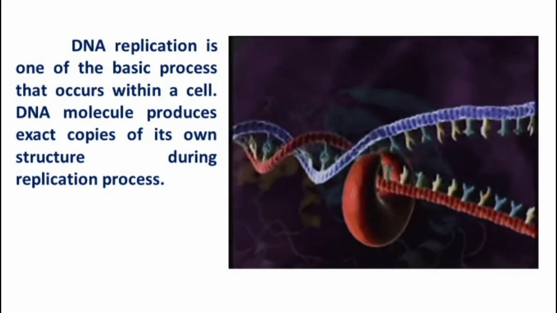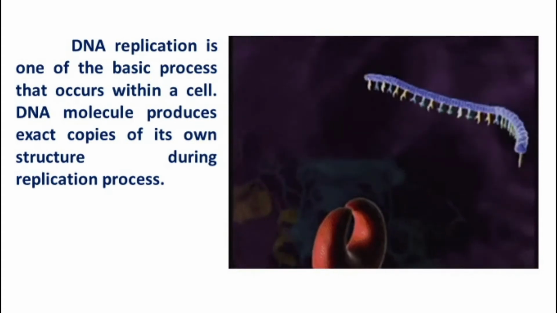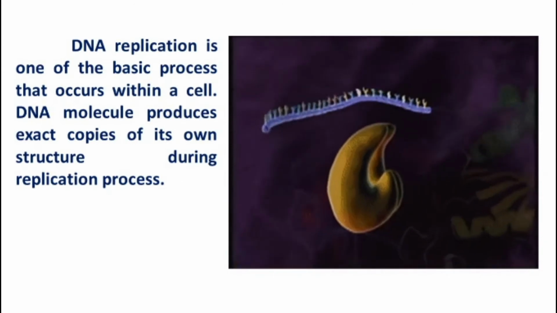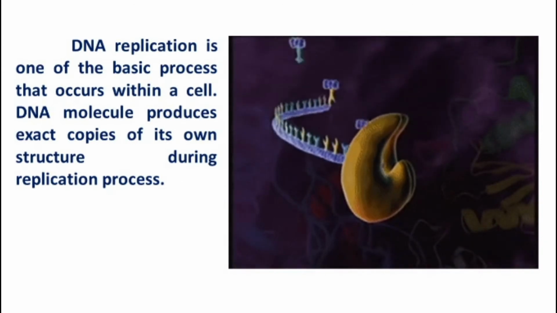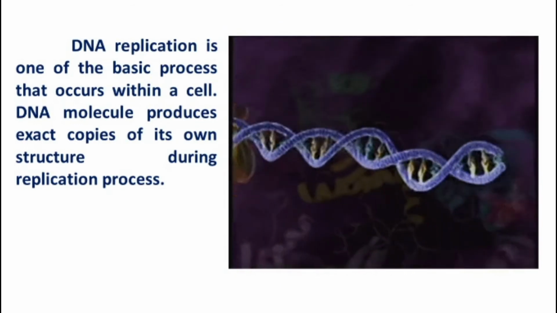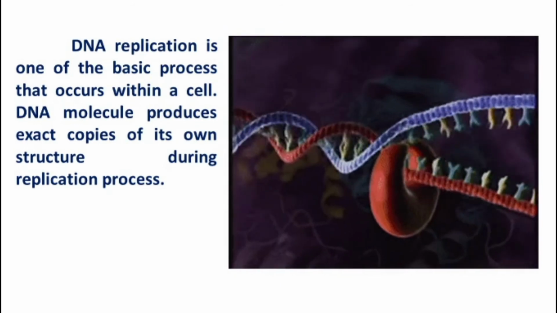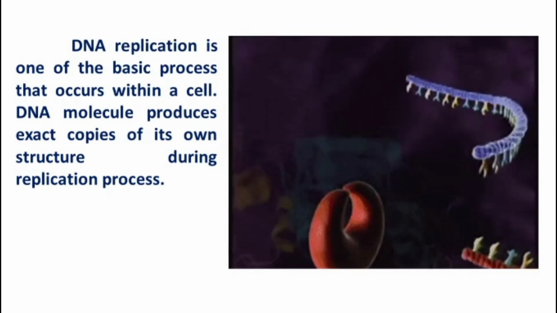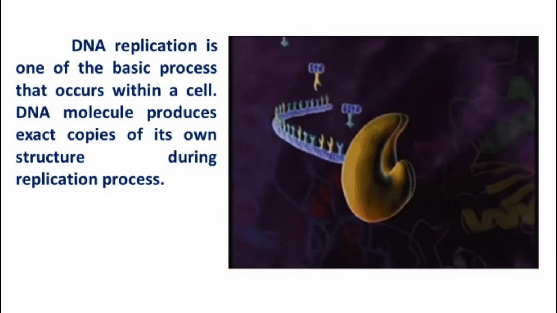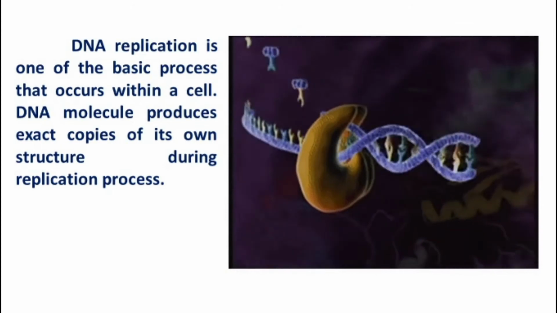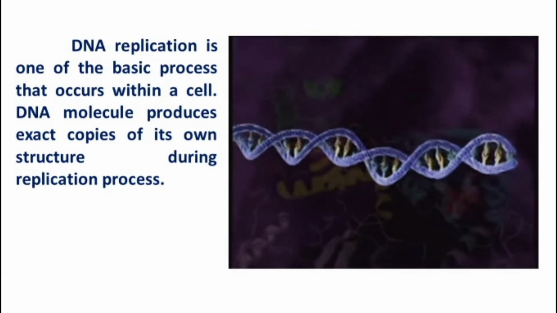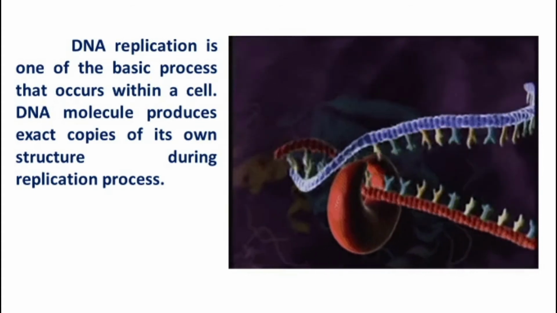These two strands are separated and act as the template. So based on the nucleotide which is present on the template, its complementary base pair is added. This is the reason for the exact message which is maintained by the DNA. That's why the DNA molecule produces exact copies of its own structure during replication.